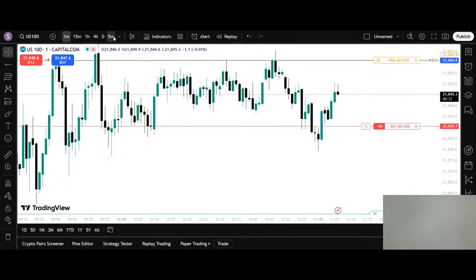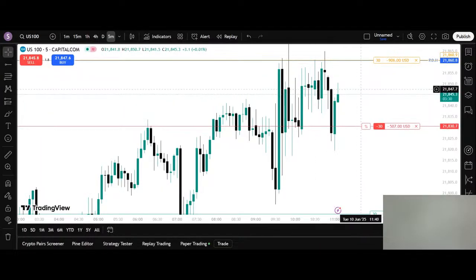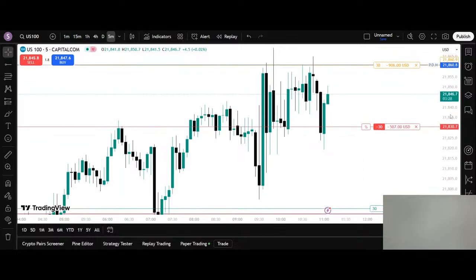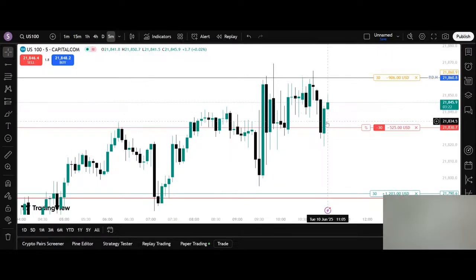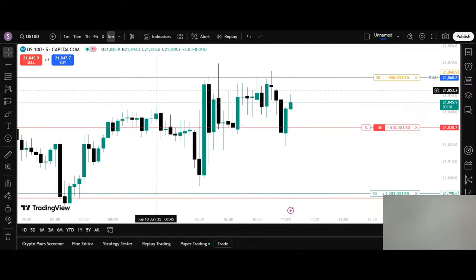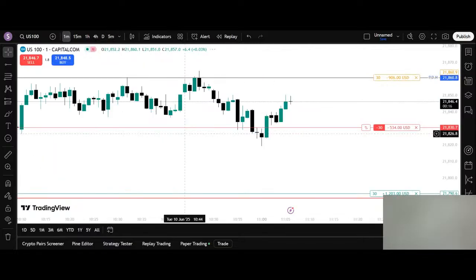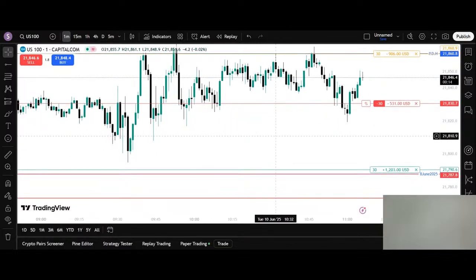Let's see the 5 minute time frame, what price is doing over there. The last 5 minute kind of looks bullish. We're gonna stick with our trade.